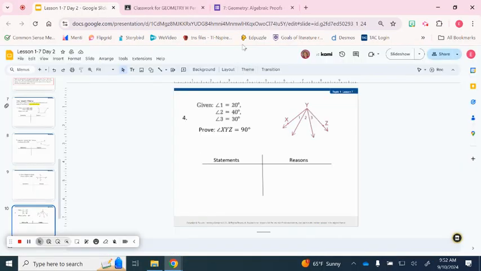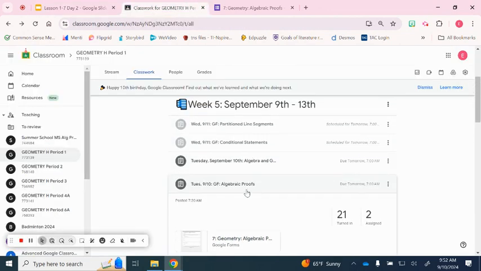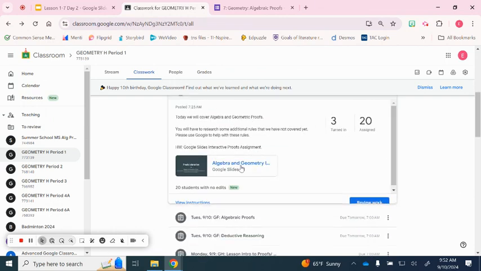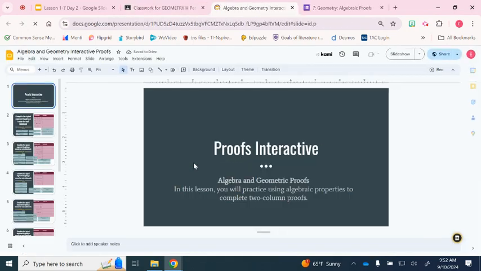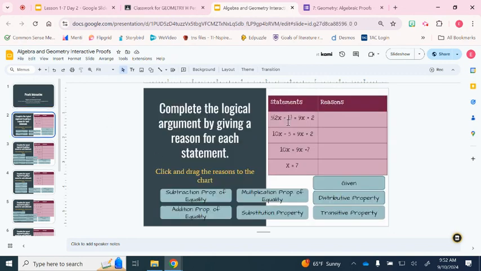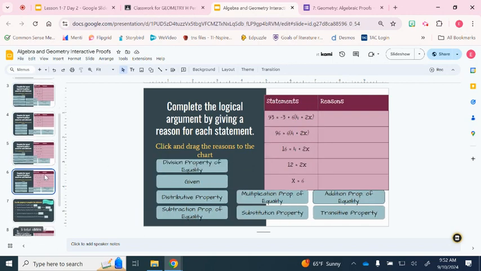Okay. So your homework for tonight, I want to show you guys a little bit of what's going on here. This is a scoot activity, okay? You're not going to have to physically write every proof, but you are going to have to give the correct statements. There are 5 algebra proofs, and you're going to have to state which is which.